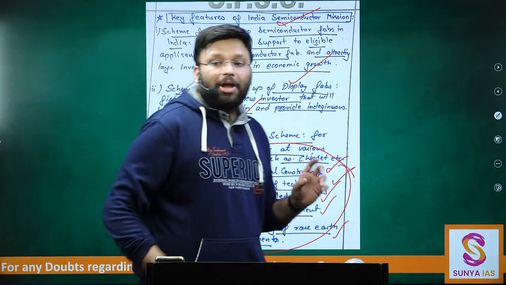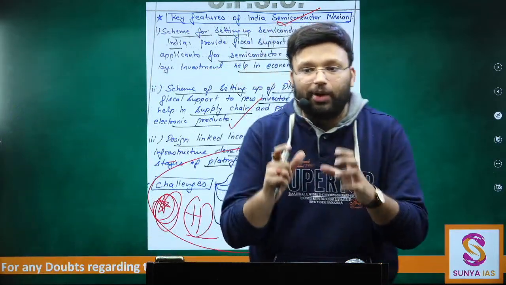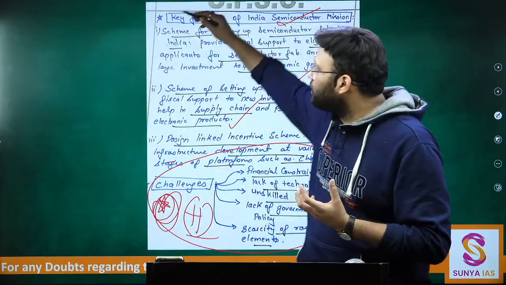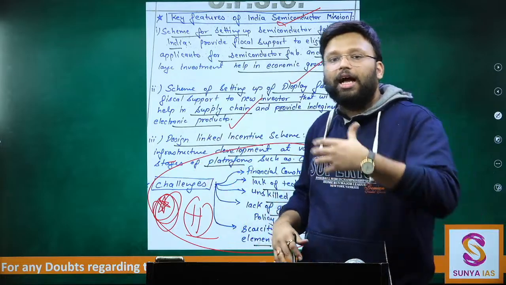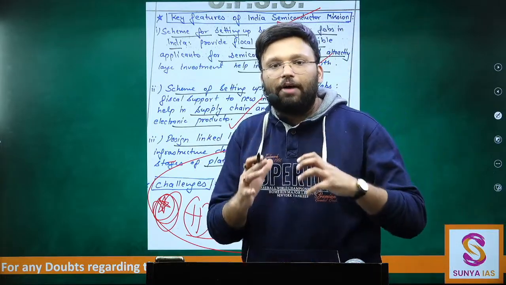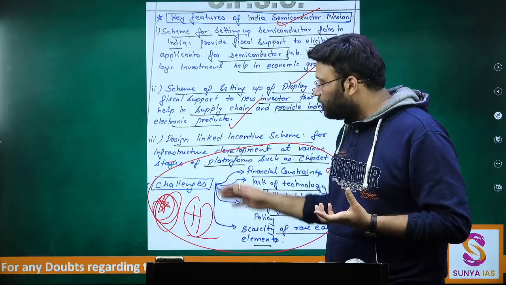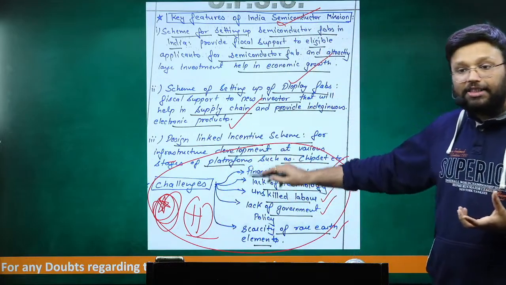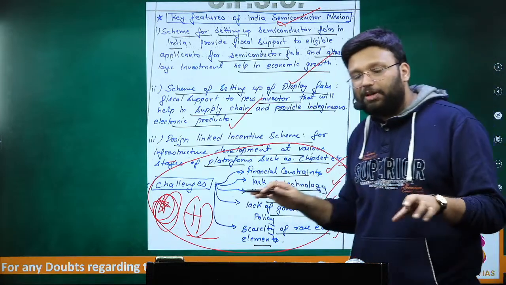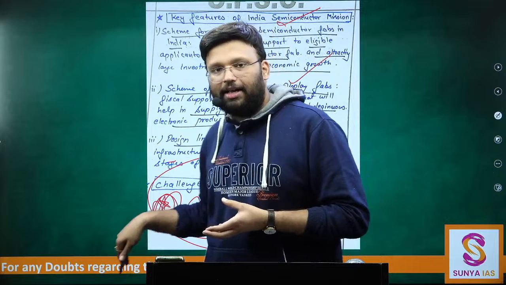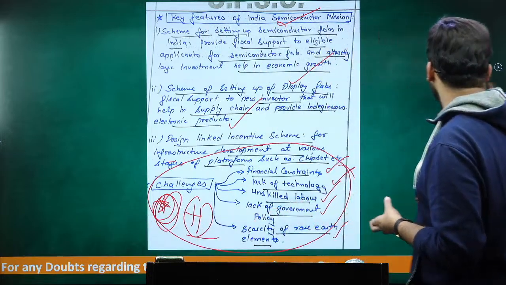Why? Because the question is asking me to evaluate the policy, and while we are trying to give an evaluation, we just don't have to tell the features कि हाँ ये कर दिया. We also have to tell what is lacking, what more can be done. That is part of the challenges. So कैसे इन्होंने challenges में बहुत ज़्यादा space भी waste नहीं किया है, but challenges को include भी कर दिया है. That is very, very important. Okay.